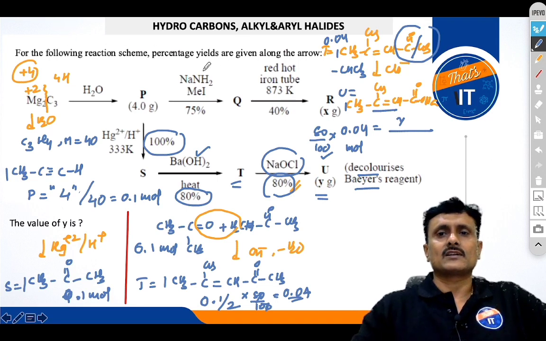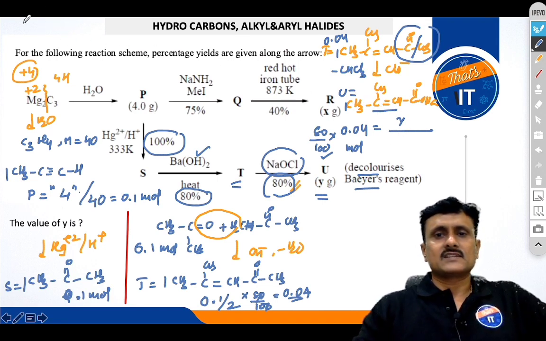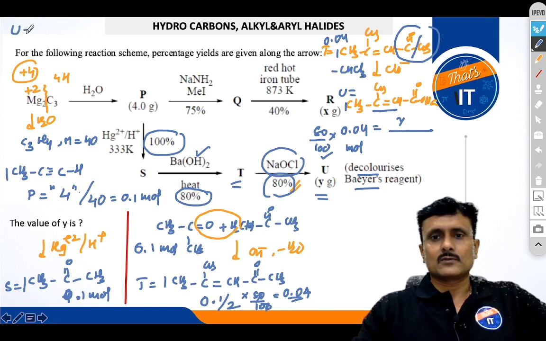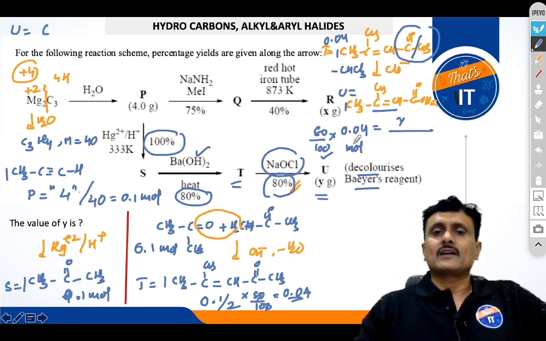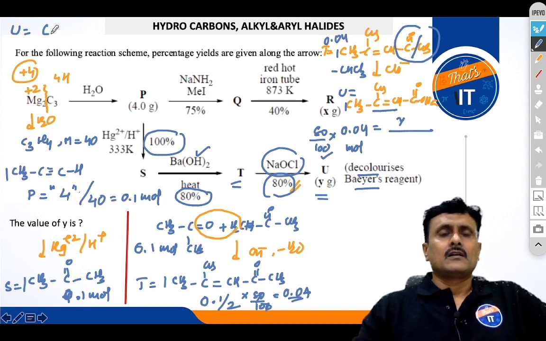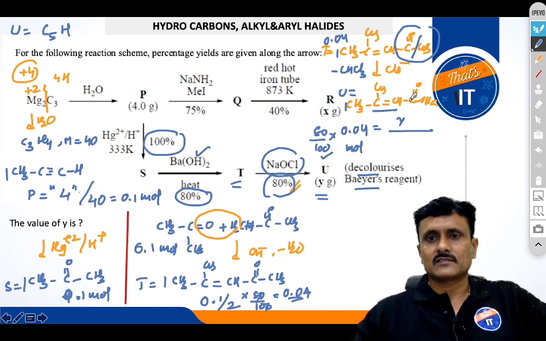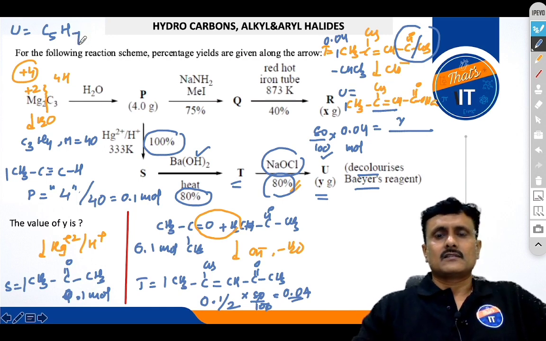You have to write the molecular weight of the whole substance, that is the molecular formula of this U equal to C. How many carbons are there? 1, 2, 3, 4, 5. Alright. Hydrogens are how many? 3 plus 3, 6 plus 1, 7. Alright.